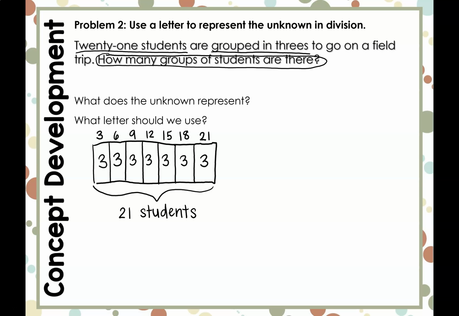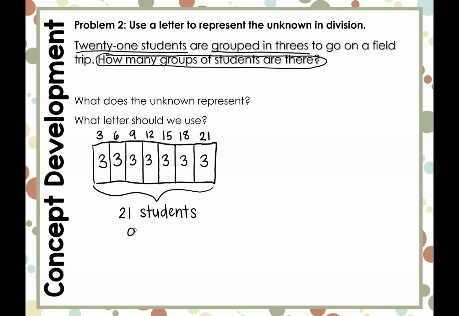Okay, so now we need to solve for that unknown. So we were trying to solve how many groups of students there are. Okay, so what letter could we represent for our unknown? What if we did G for groups?